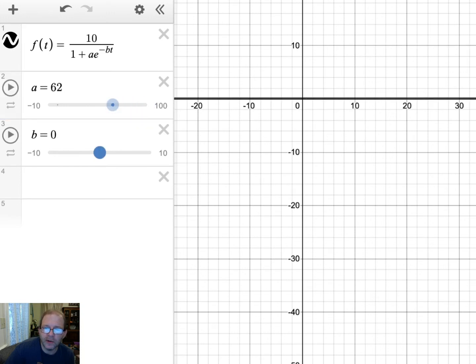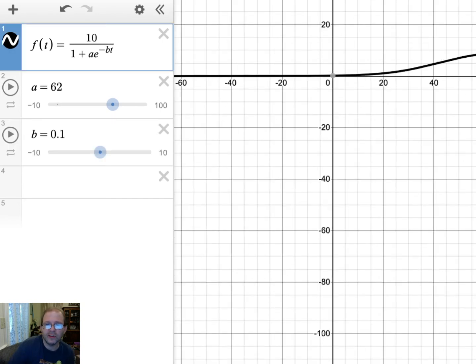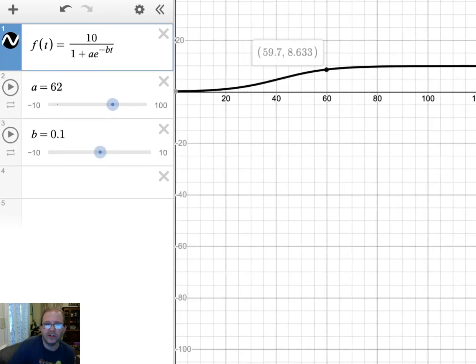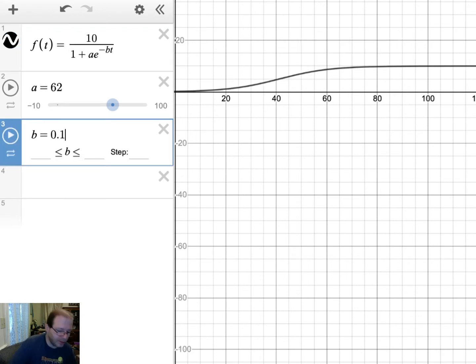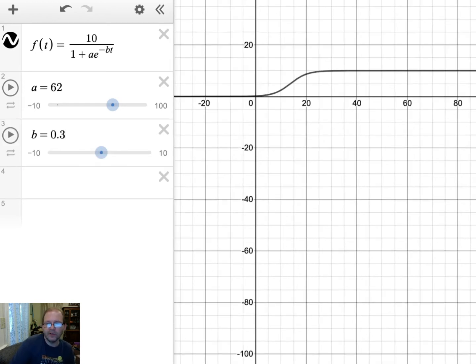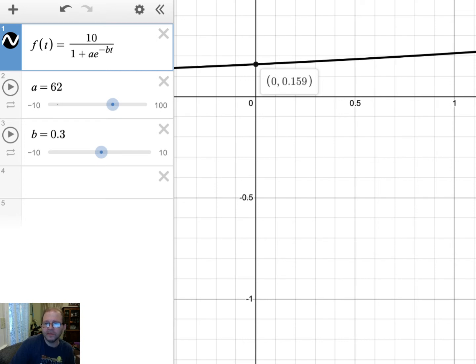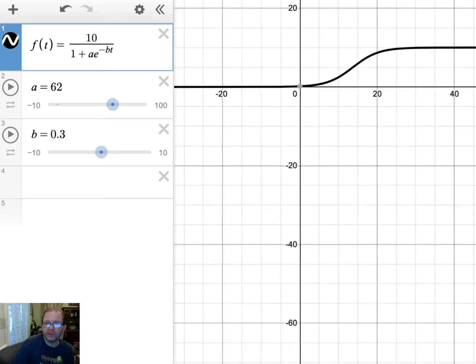B, if I bring it down to something really small, like 0.01, well, it almost looks flat. If I change it to 0.1, let me zoom this out a bit so we can see it. We're approaching 10, but it happens pretty slowly. So the bigger B is, the faster the graph will approach its capacity. Now, if you zoom way in, you can see it has a starting amount here. It starts at 0.159 and then grows up to 10.